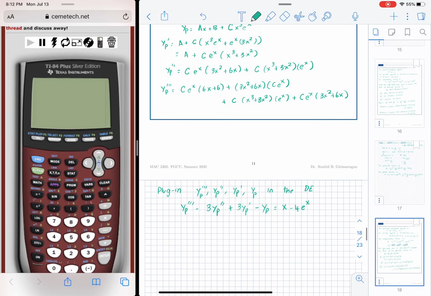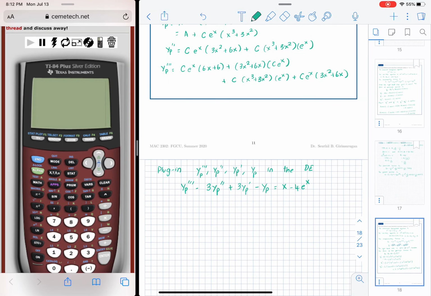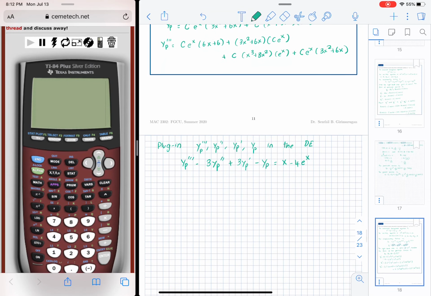Well, I have an x term here, so I'm going to pick out all the terms that would result in an x, and e raised x also. In the third derivative, I am going to get 6c e raised x. So that is one term that I need. Do I have another one? No. That's all I need there.